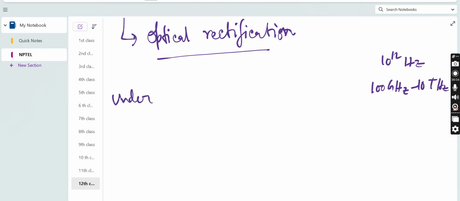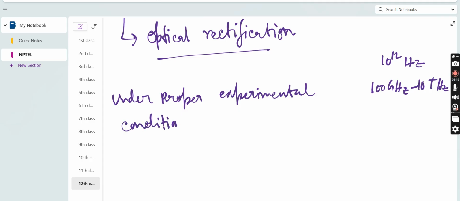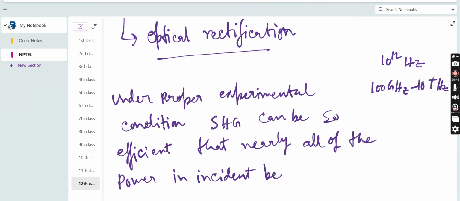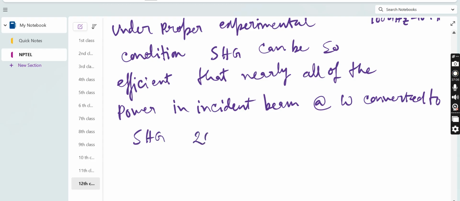One thing is that under proper experimental conditions, second harmonic generation can be so efficient that nearly all of the power incident at frequency omega is converted to second order frequency 2 omega.